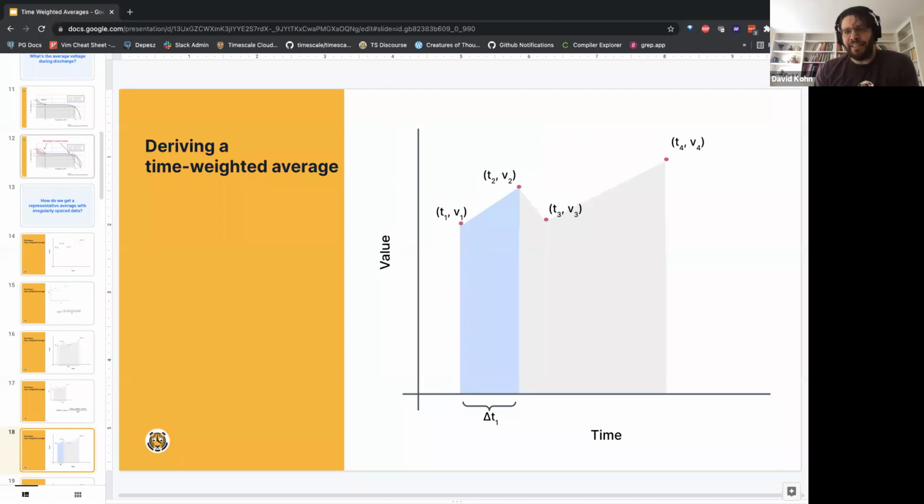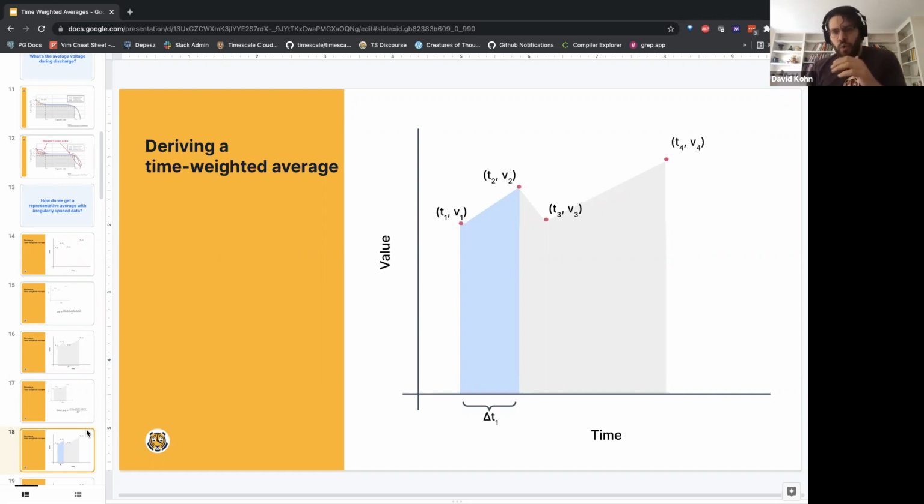So when I'm doing this in the real world, I need to look at the data that I have, which are these points. So I need to take the area between 2 points, figure out the formula for that, and then I can just add all of that up between each point and then divide by that larger delta t at the end.